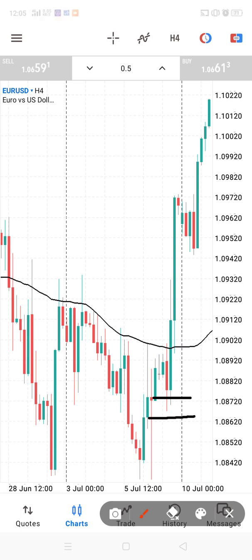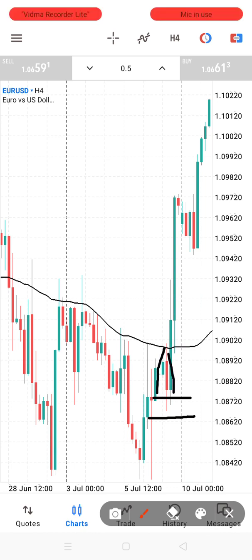This is the area where we should focus on buying right there, because after this we've seen a strong momentum to the upside, then a correction down to that area, the market filled the rest of the orders, and then continued massively to the upside.